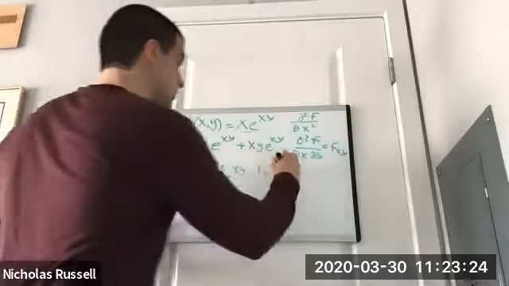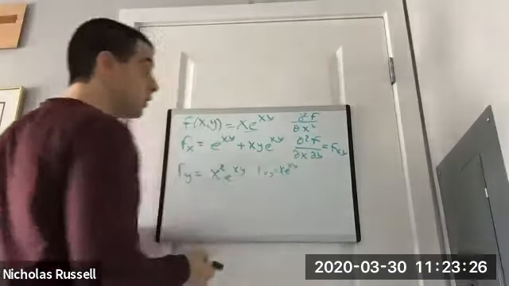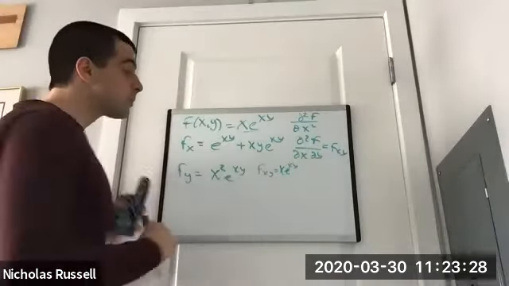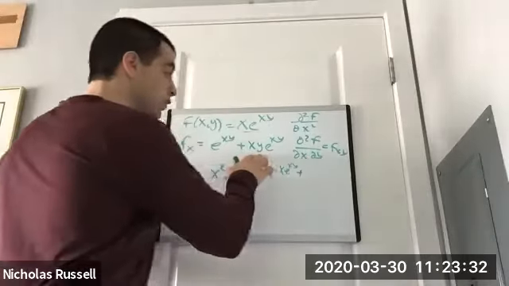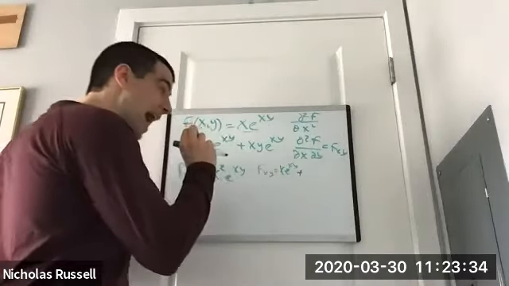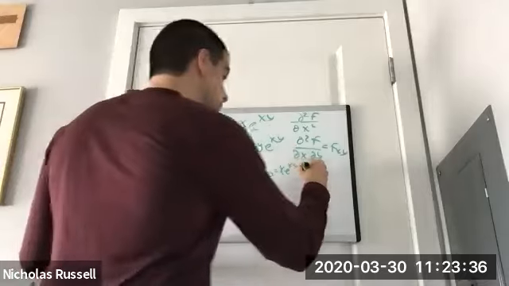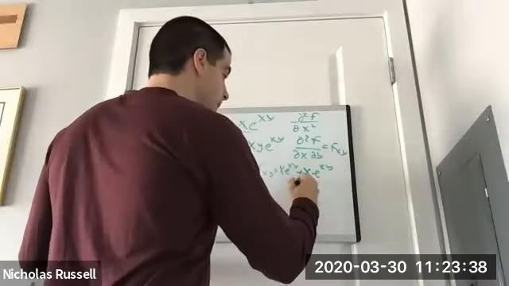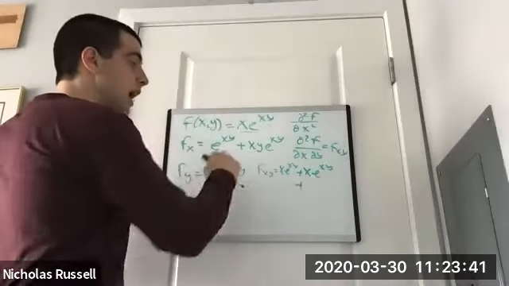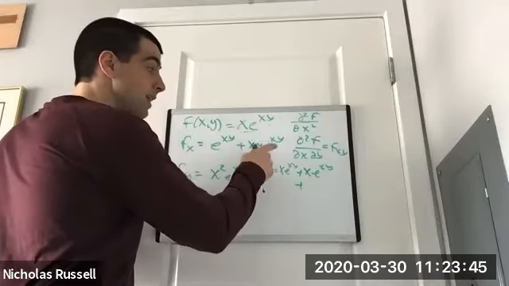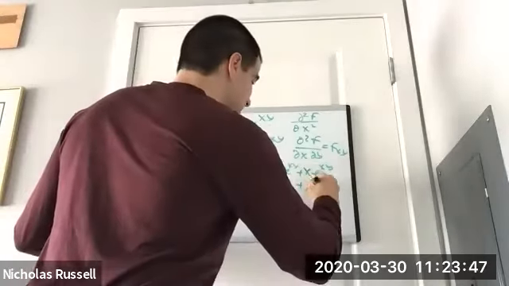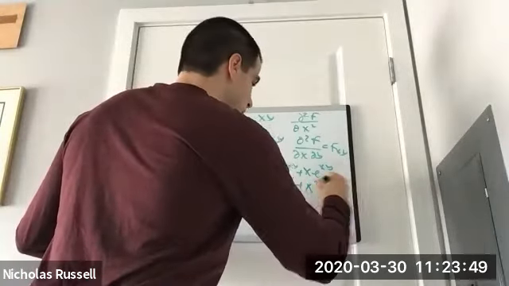This derivative here would just be x e to the xy, right? Then here, I'm going to have to use product rule again. I would get the derivative of xy with respect to y is just x e to the xy, plus the derivative of this guy with respect to y is just going to be the x. So this becomes x squared y e to the xy.